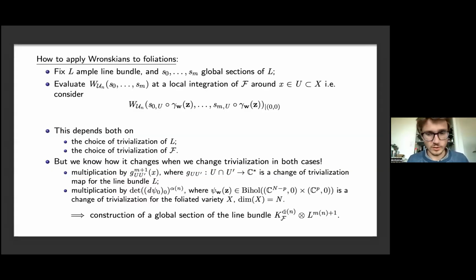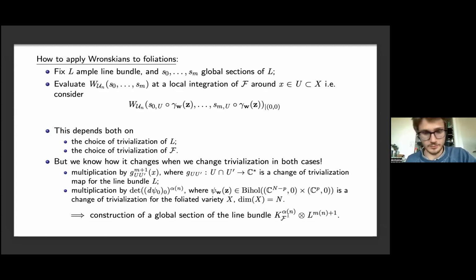Okay, so it allows us to construct a global section of this. So I've explained this factor. For this one, you can take the canonical bundle K_F to be defined by saying that it's given by the data of the trivialization of the variety and the change of charts given by the determinant of the differential.